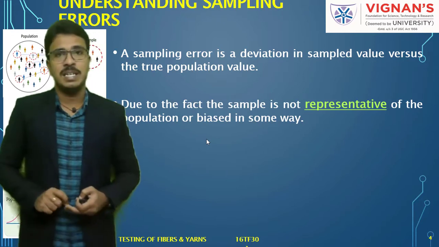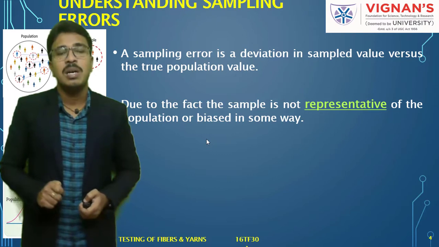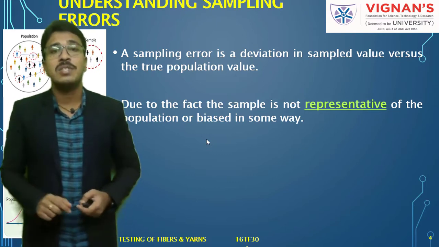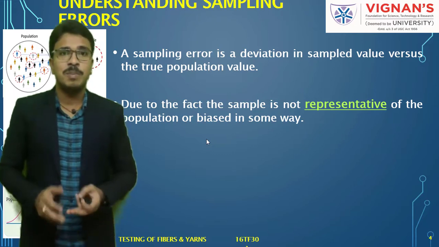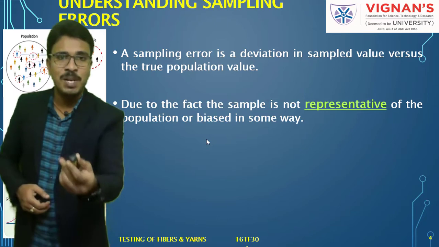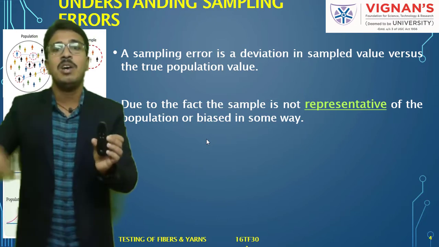And it occurs due to the fact that the sample is not representative of the population or is biased in some way. So we can easily say that whatever sample you have selected is not a true representative of the entire population.